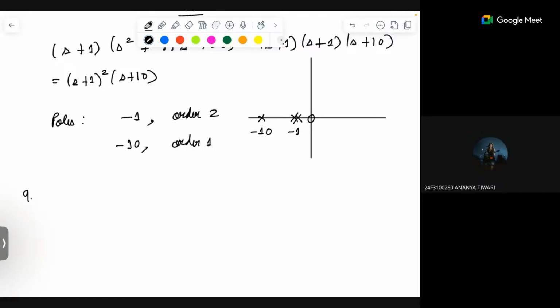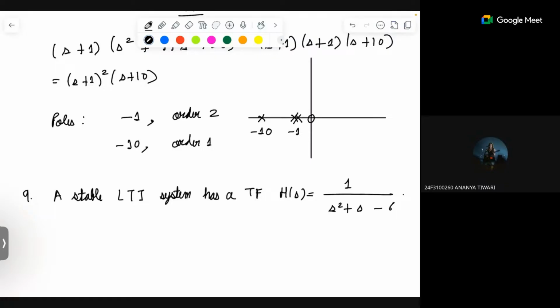So the next question. A stable LTI system has a transfer function H of s which is equal to 1 upon s square plus s minus 6.